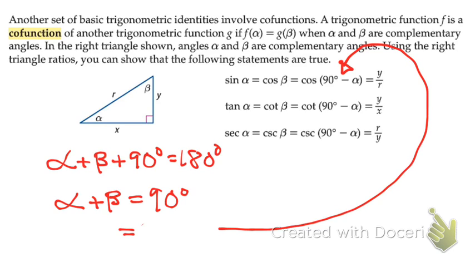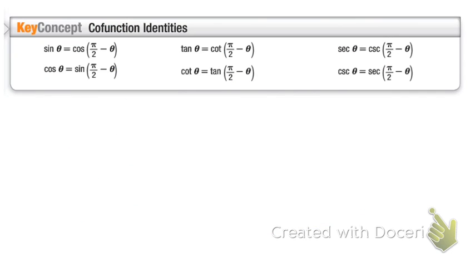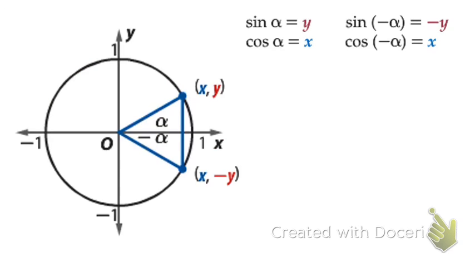We're making a substitution here where beta is 90 minus alpha, and that's what we plug in. That's going to allow us to relate those together. All right, and so these are our values here. Instead of our degree value, our radian value of 90 degrees is equal to pi over 2.